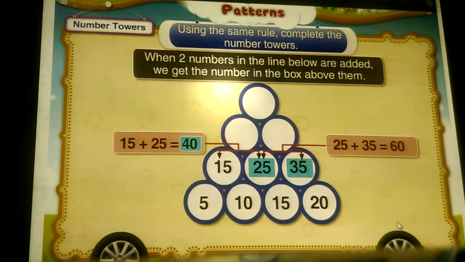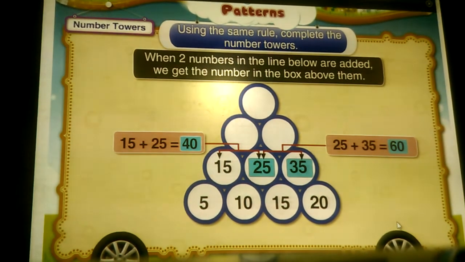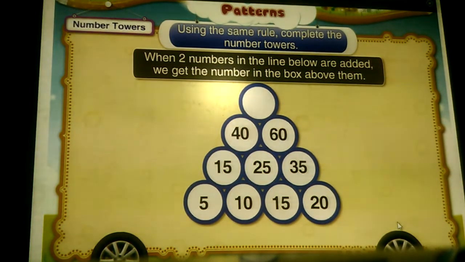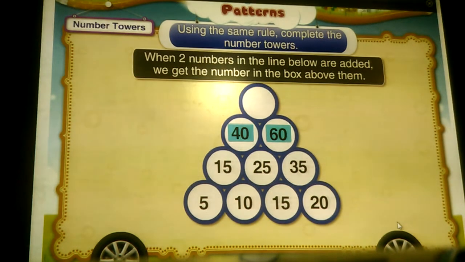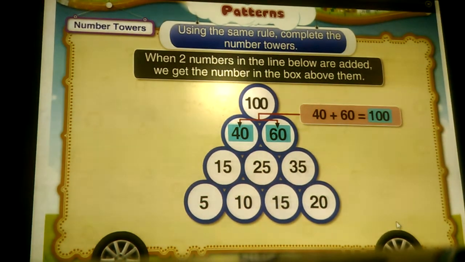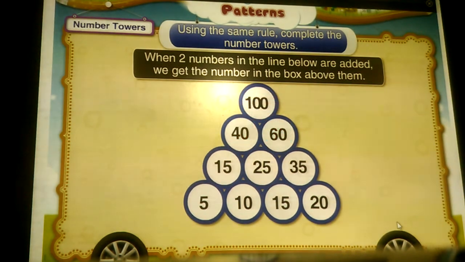Similarly, 25 and 35 together make 60. Let's write these 2 numbers in the boxes above them. Now we have only 2 numbers, 60 and 40. The sum of these 2 numbers is 100, which we'll write above them. Thus, the process of addition is complete.